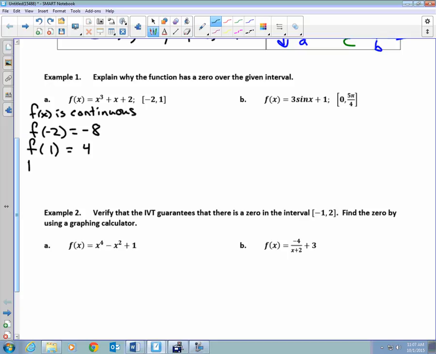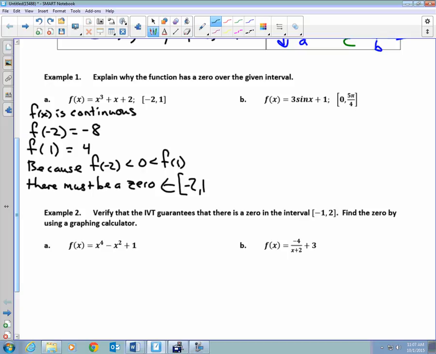So because f of -2 is less than 0, which is less than f of 1, there must be a 0 in the interval -2, 1. Yep.